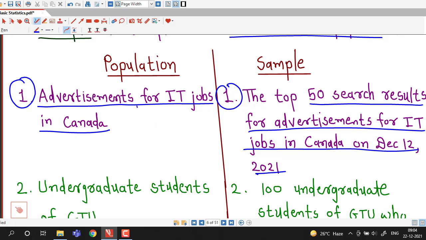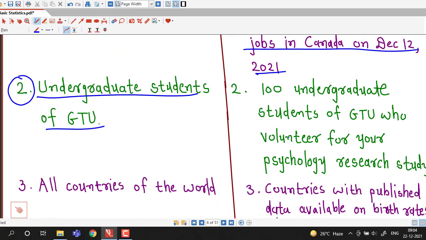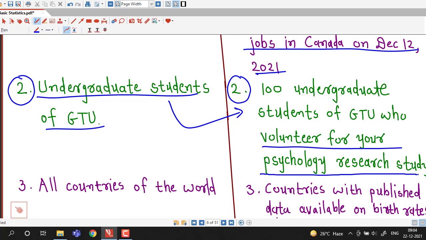So the population contains all the advertisements for IT jobs in Canada, and here we have taken the top 50 advertisements for IT jobs in Canada on a particular day. Second example is undergraduate students of GTU. This is the population, and this sample is collected from it: 100 undergraduate students of GTU who volunteer for a psychology research study.